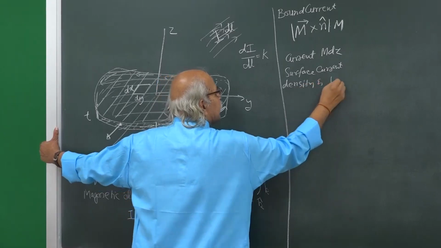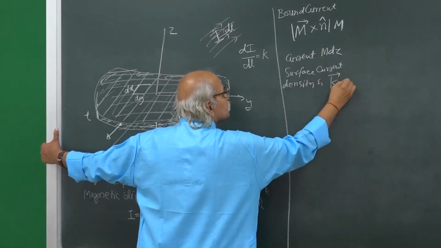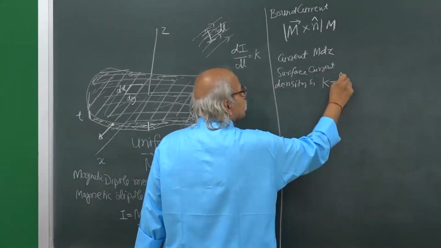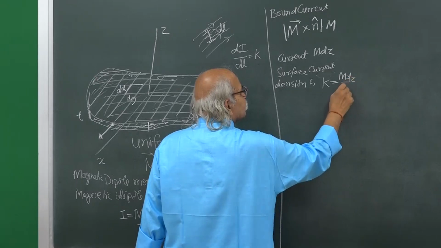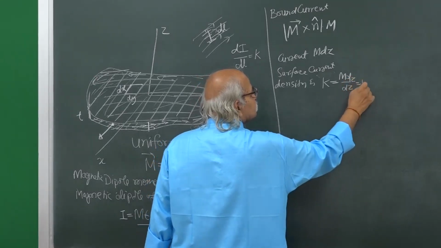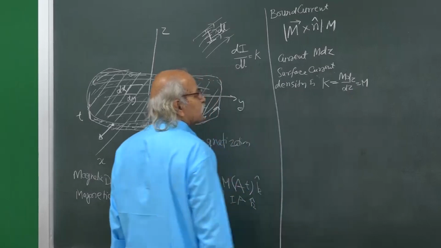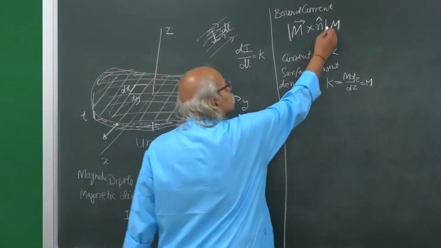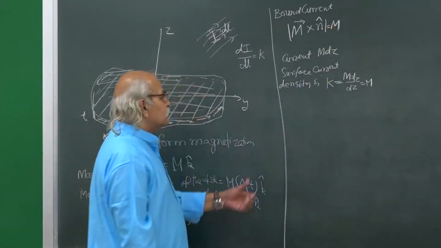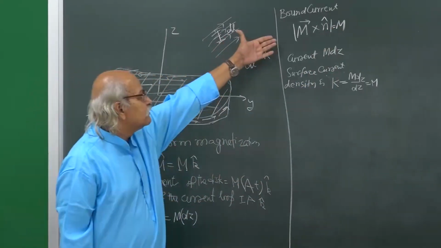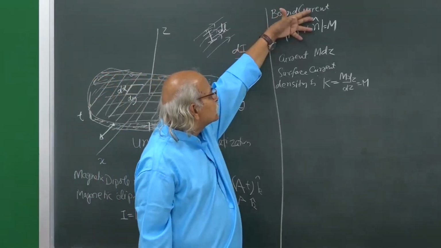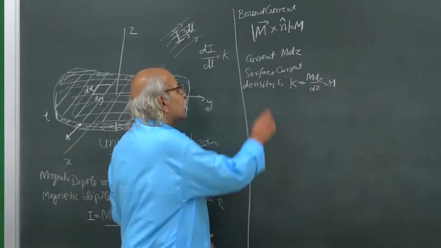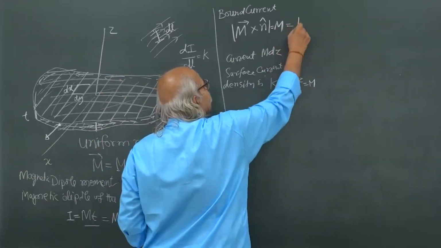is k, which is first the magnitude, this m dz divided by dz, that is m. So, the current density is just k, and the direction as you see is in this direction, m vector cross n vector direction, and the magnitude is also the same, the magnitude of m, and this m is k.